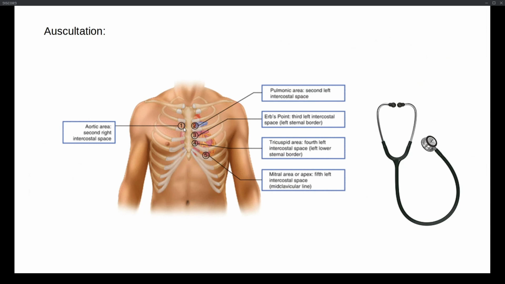With the auscultation, you would use these different spots for different valves, because here you have the aortic valve. Here you would have the pulmonic valve, sorry.